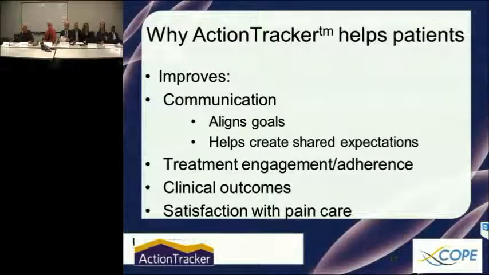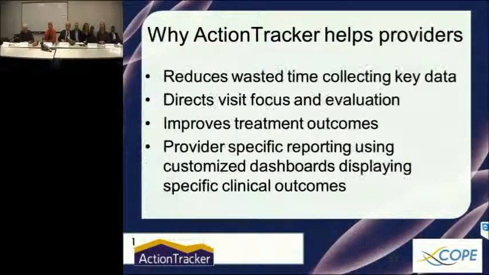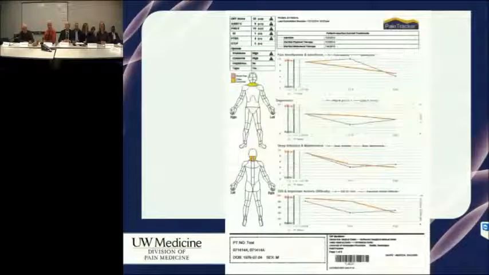Again, it really improves clinical process in the same way that the PainTracker does. It saves time, directs the visit, improves outcomes, and allows reporting on these metrics by provider or by the clinic.